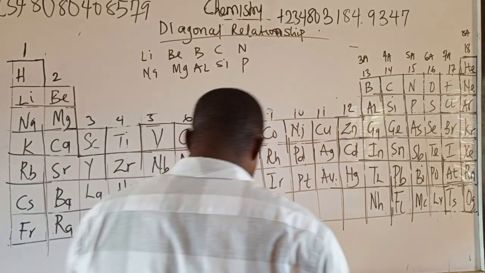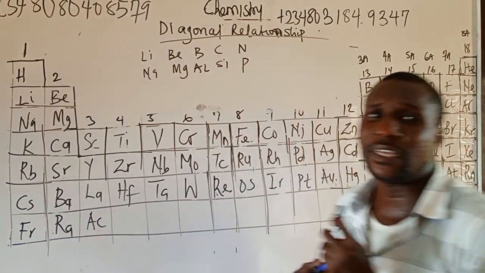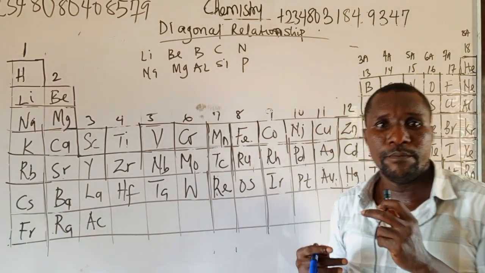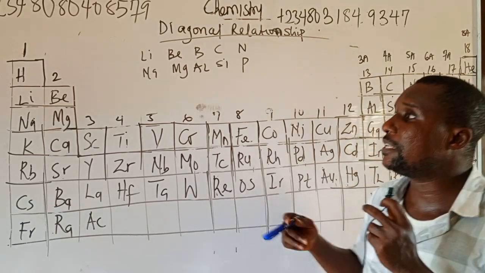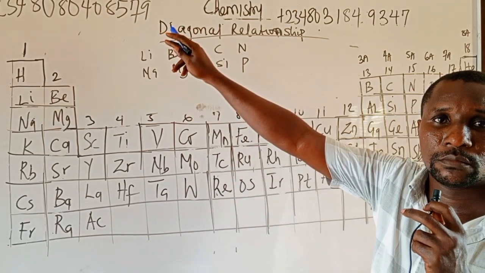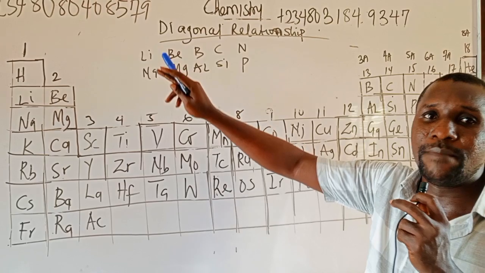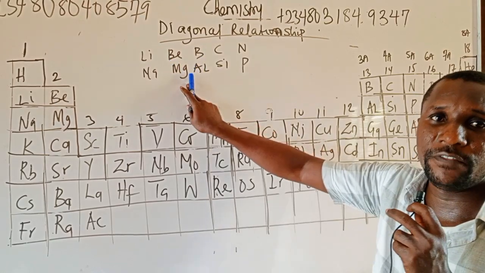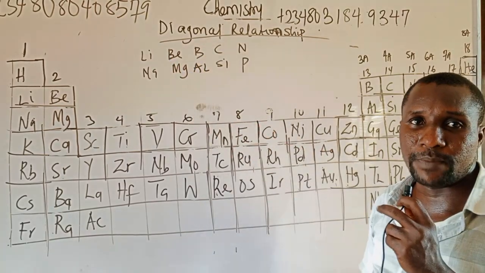The diagonal relationship is a relationship between elements in period 2 and elements in period 3 of the next group. I repeat myself.